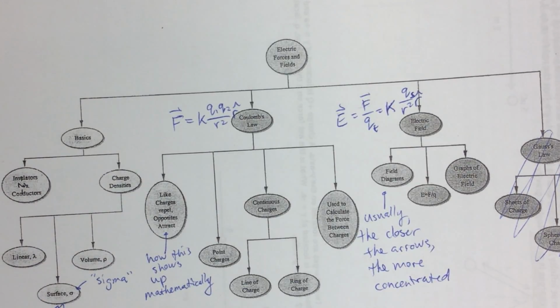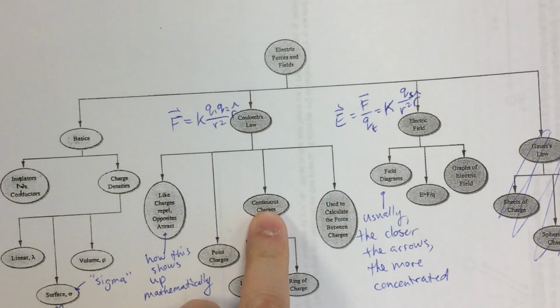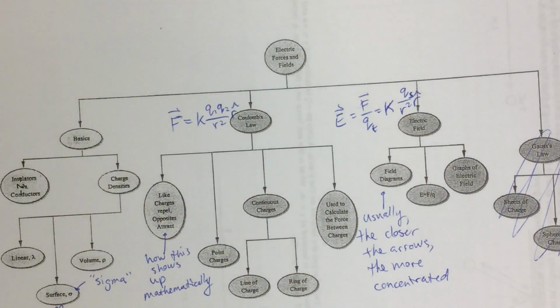So, there was one problem that I had put up. I want to go over it. And again, for the time being, when we do these continuous distributions of charge, you're not expected to actually complete the integral yet. I just want to make sure you know how to set up the integral. That's what I'm testing on.